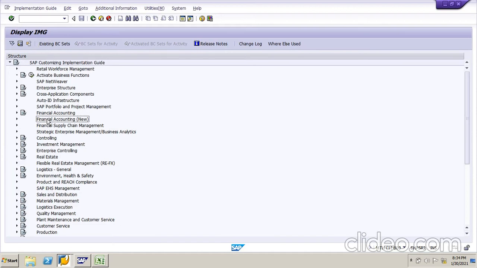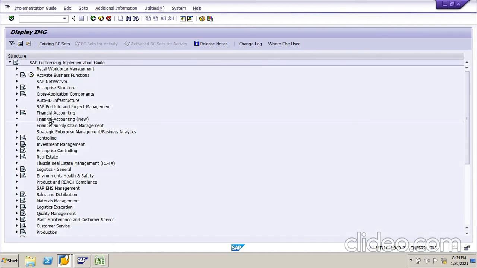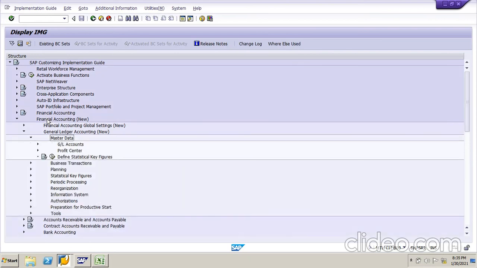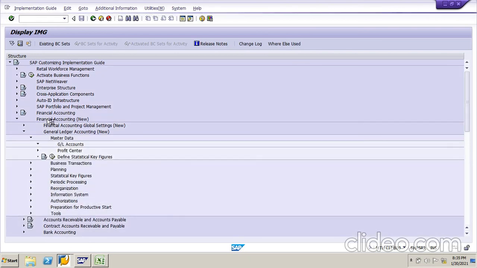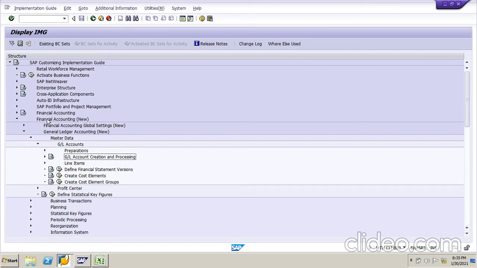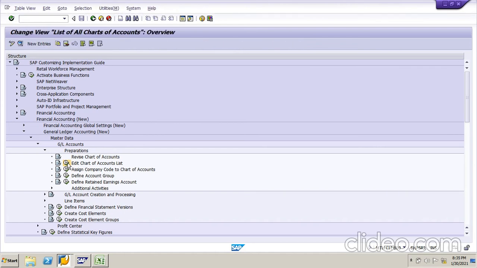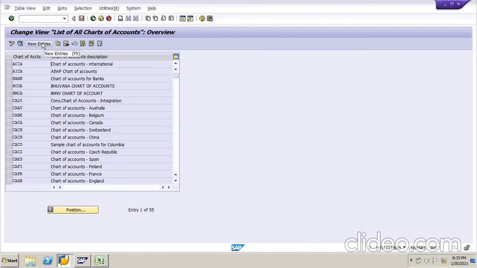So here go to financial accounting new. General ledger accounting new. This is a master data GL account. Here you can see preparations. This is the first option, edit chart of account list. Just open. So first we have to create one chart of account.